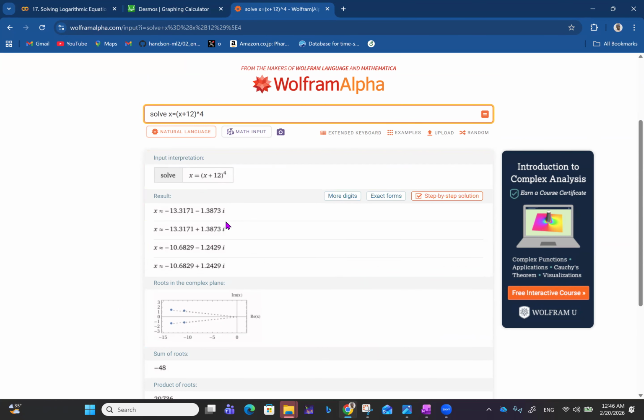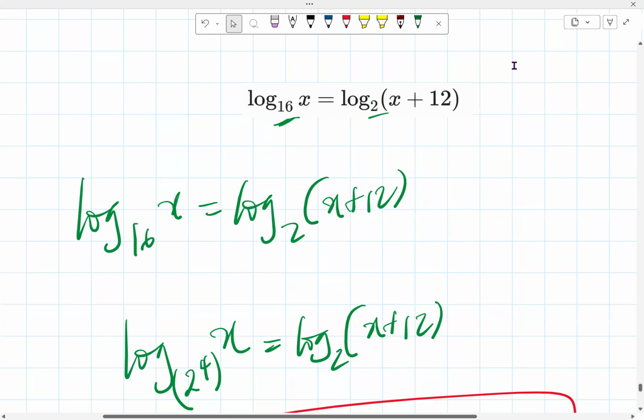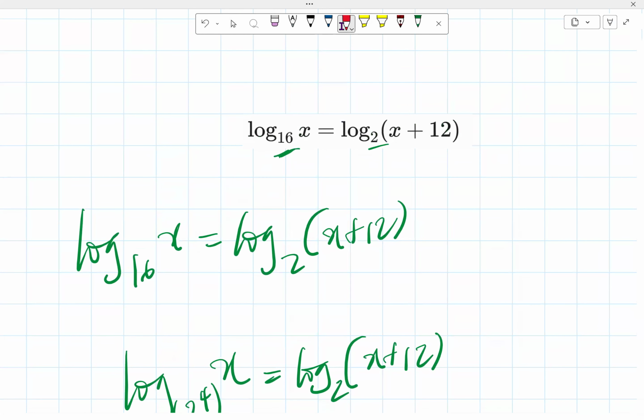Maybe taking the domain would have been fine. But the domain looks good. First of all, this one says x should be greater than 0, and here x should be greater than minus 12. So generally speaking, x should be greater than 0.